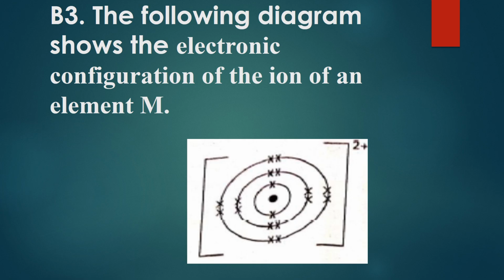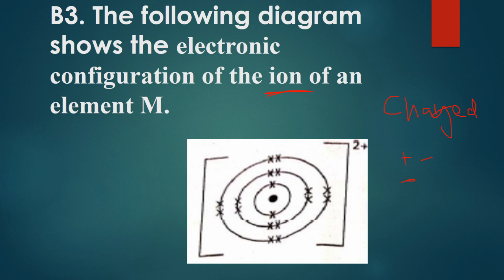So now, ion, how can we define an ion before we start answering this question? An ion in chemistry is a charged element. This charged element can either be positive or negative.